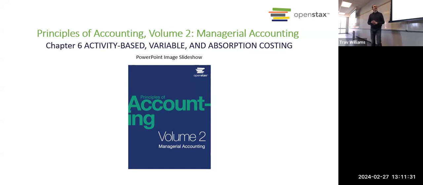In activity-based costing, you can use all kinds of other methods and you can combine them. So you can have multiple ways that you calculate your overhead, as opposed to the traditional method where you just picked one method and that was the only method that you used.